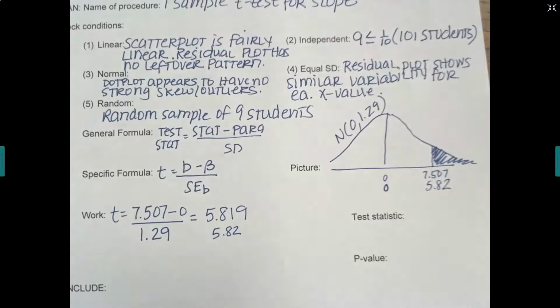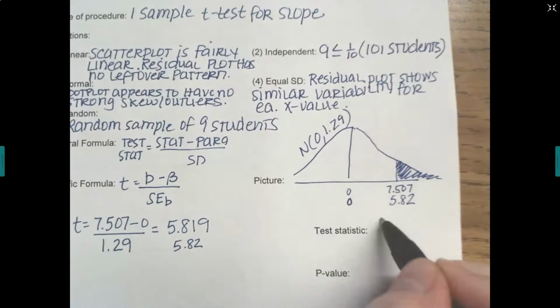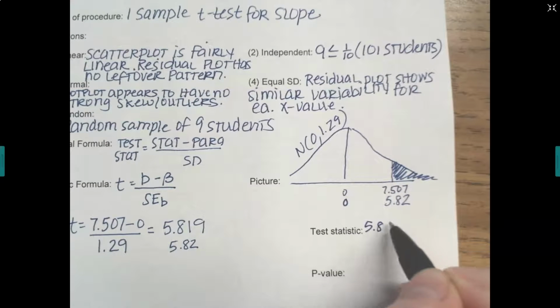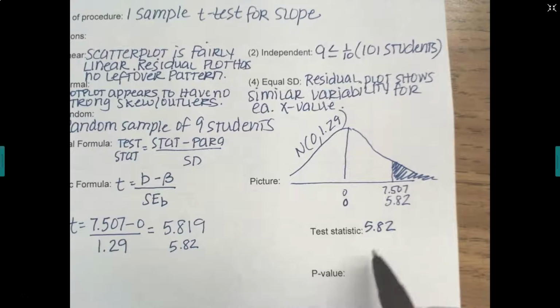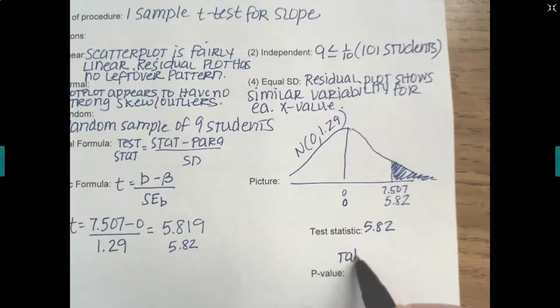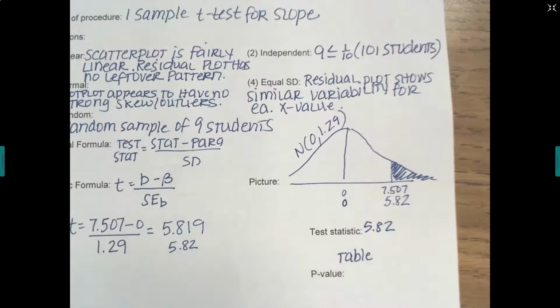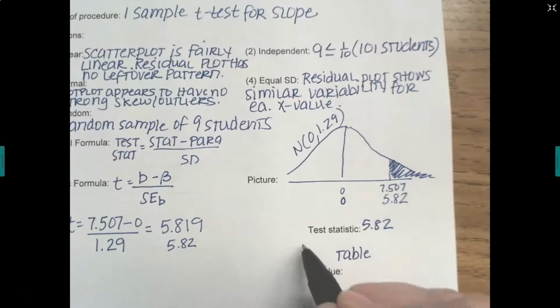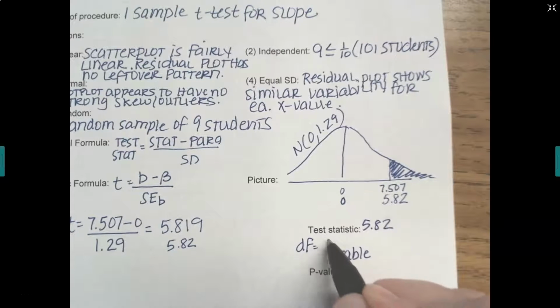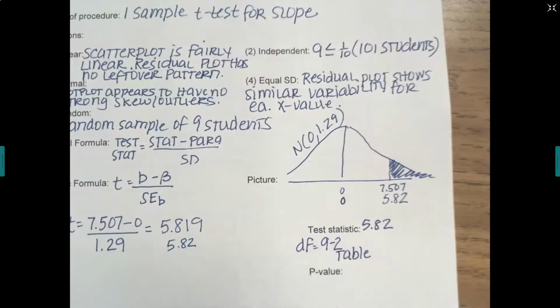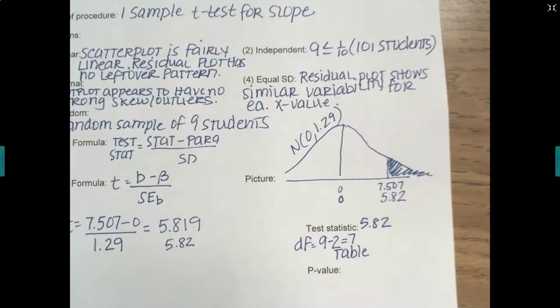Alright, so let me show you 2 ways to get the score here. So we worked this out, and we got a test statistic of 5.82. To get the p-value, we can look in the t-table, which is table B. So our degree of freedom here was 9 minus 2, because remember it's n minus 2, so we have a degree of freedom of 7.